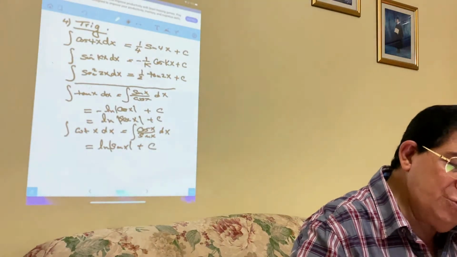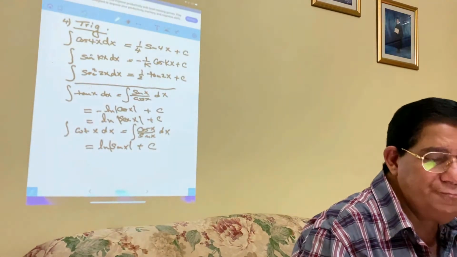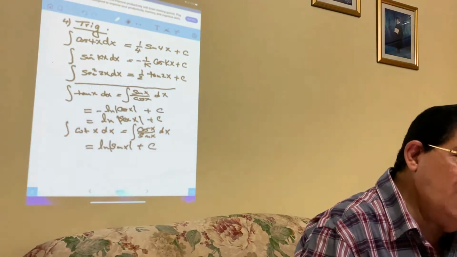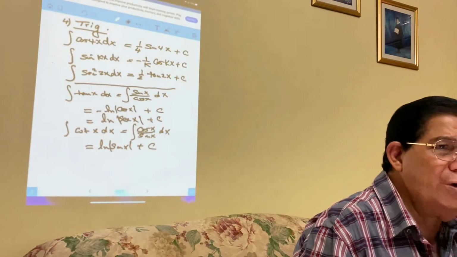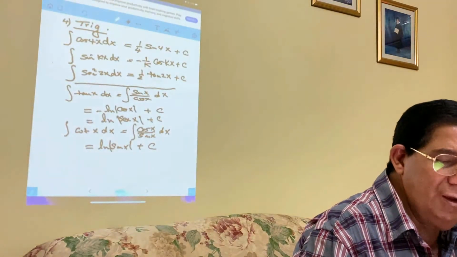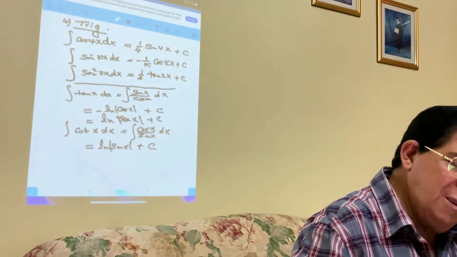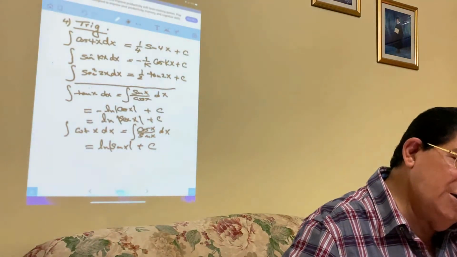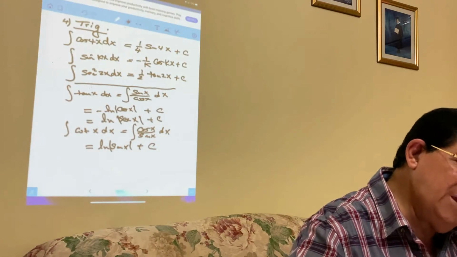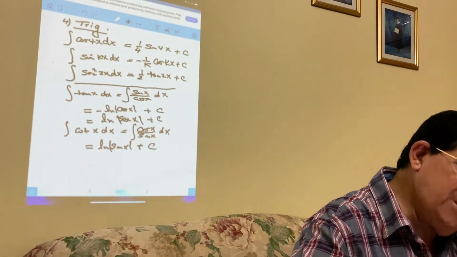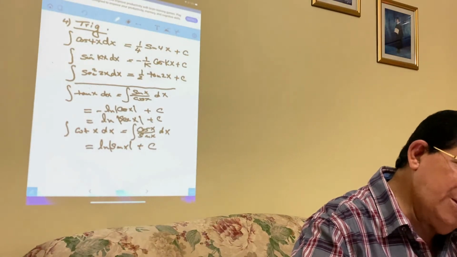Now we come to the squares. We know only how to integrate sec square and cosec square, but we don't know how to integrate the rest. Now we are going to learn how to integrate, for example, tan square x dx.